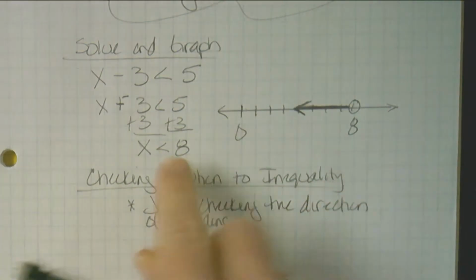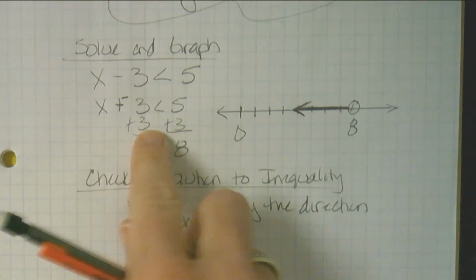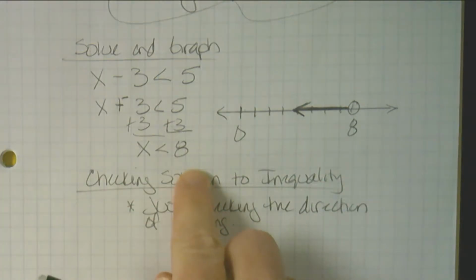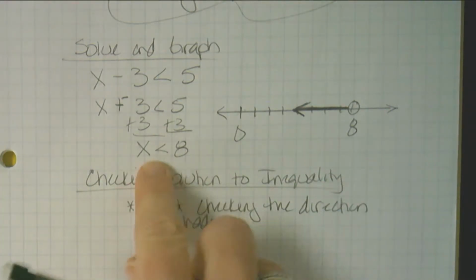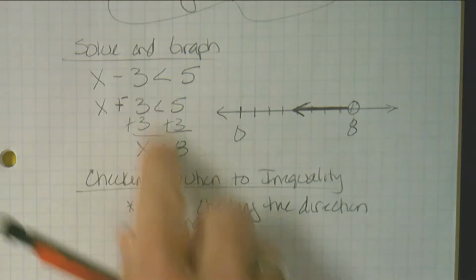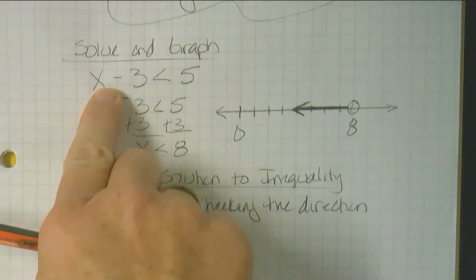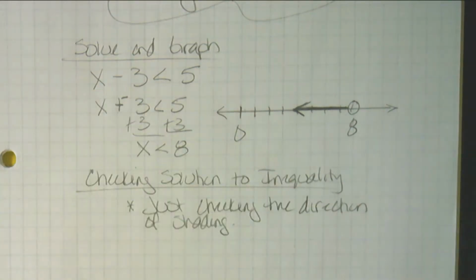You can't really check, did I do this math right? Did I add 3 to both sides, did I do that math right? We really can't check that very much. If this was an equation, if this said x is equal to 8, because this is x minus 3 is equal to 5, we would just take that 8 and substitute in for our x. But we can't do that with an inequality.